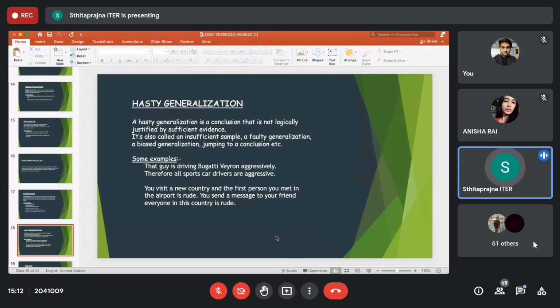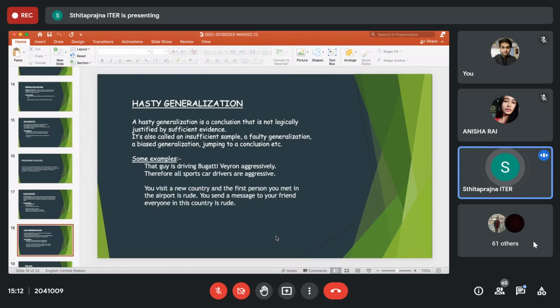Coming to hasty generalization. A hasty generalization is a conclusion that is not logically justified by sufficient evidence. It's also called an insufficient sample, a faulty generalization, a biased generalization, or jumping to conclusion.